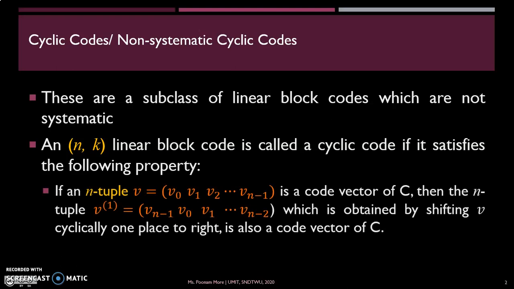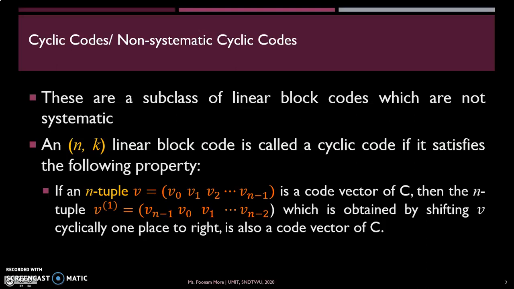That is, if an n-tuple vector v is a code vector of C, then the n-tuple v1, which is obtained by shifting vector v cyclically one place to the right, is also a code vector of C. That means if you perform a cyclic shift on a given cyclic code, then the resultant vector will again be a cyclic code.